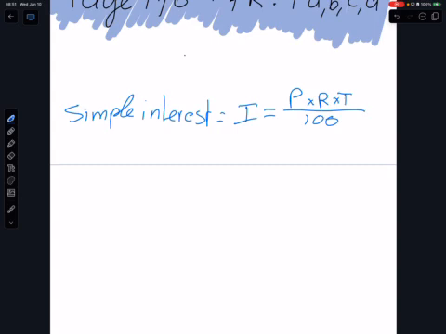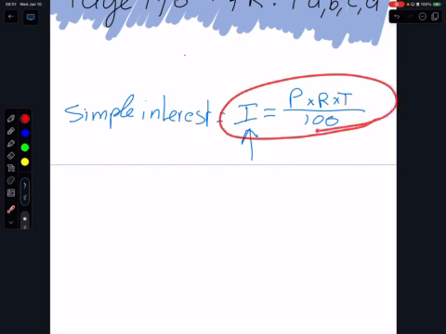Every exercise involving simple interest, you should know how to respond to it. They can say, find the interest, and obviously they give you P, R, and T, but they can also give you P, R, and I, and you have to find T. So you have to know how to manipulate this formula.